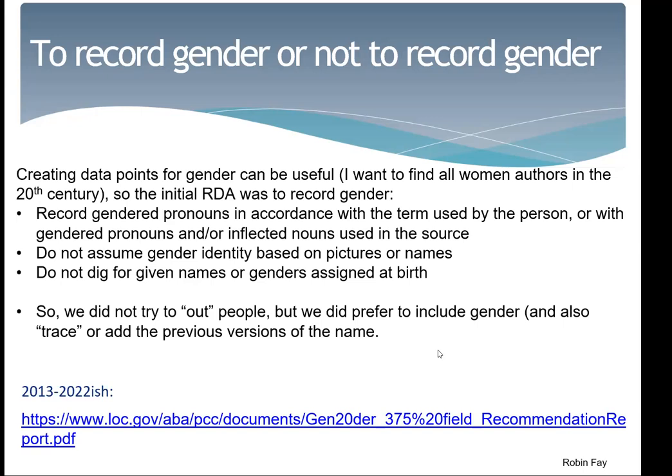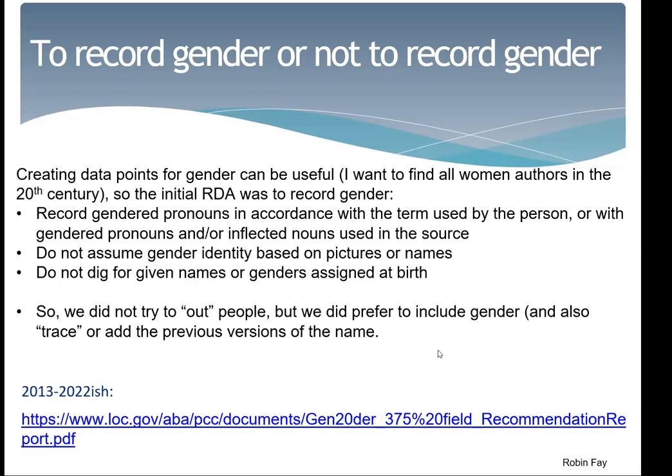But we still did prefer to include gender and also to trace or include the previous versions of the name. That was the other part of it, which doesn't get talked about enough, I think: the preference was not only to include gender, but also to include the previous name.